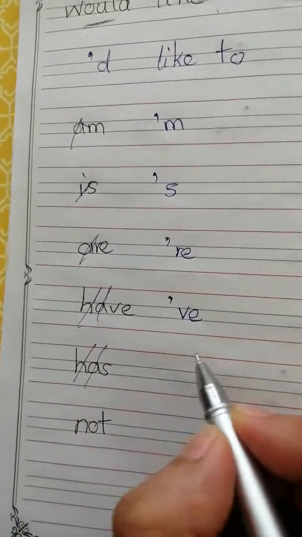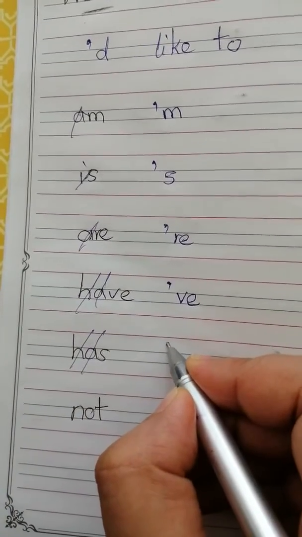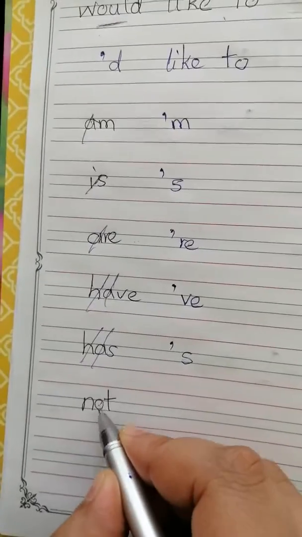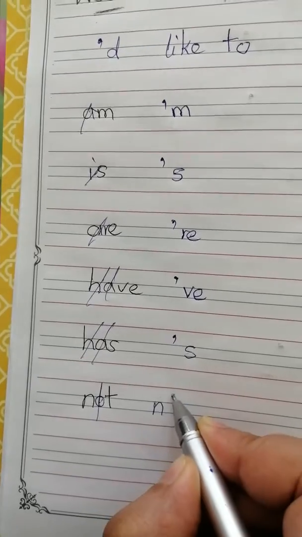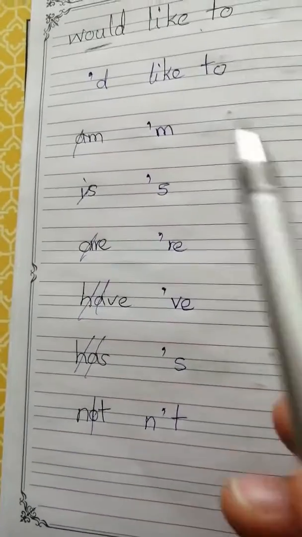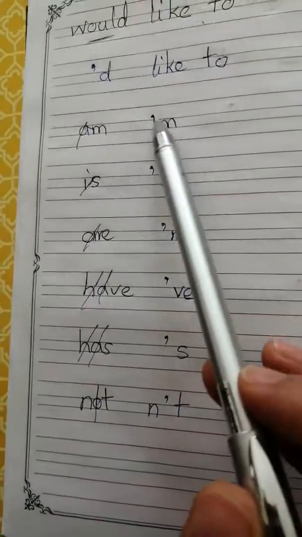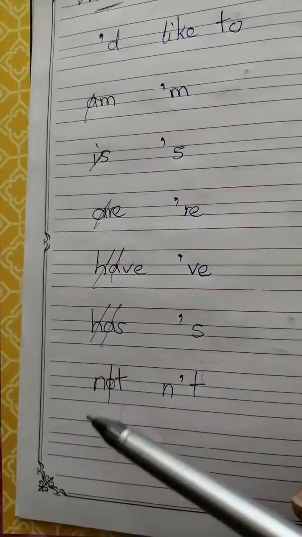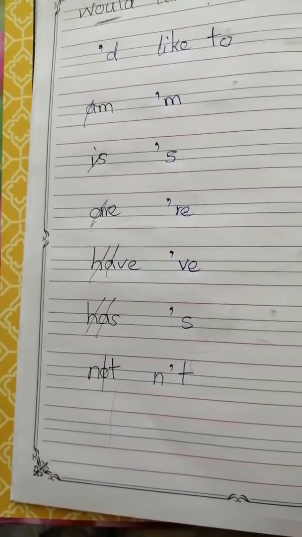Remove H and A, put apostrophe instead, then S. Not: remove the O, then N apostrophe T. Now we made contractions or short forms of these verbs and this negative form.